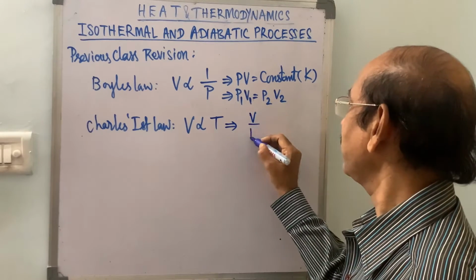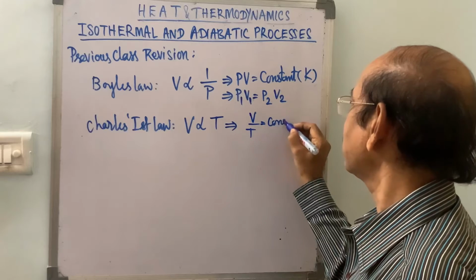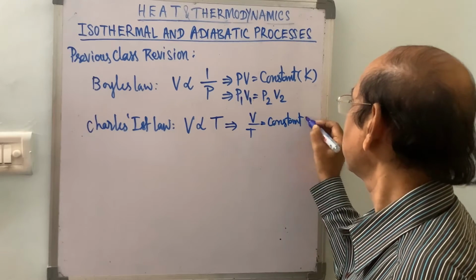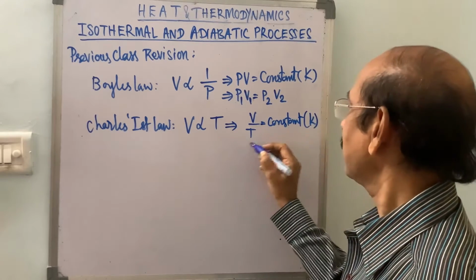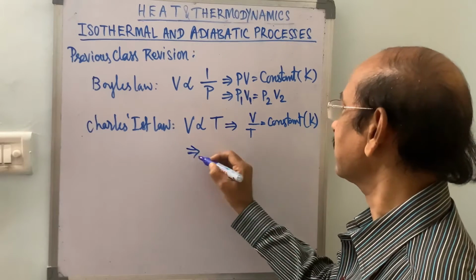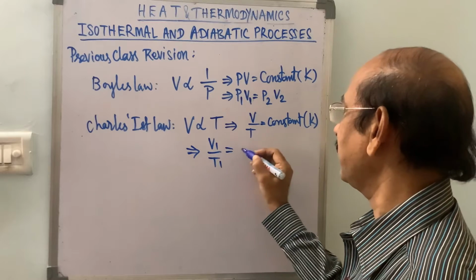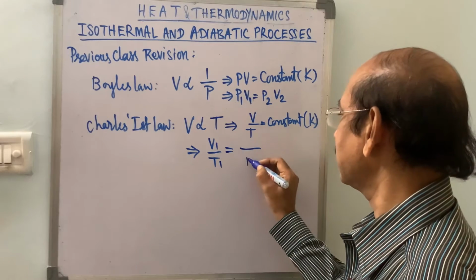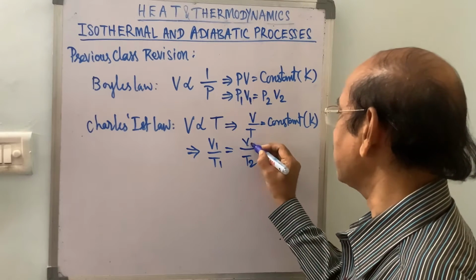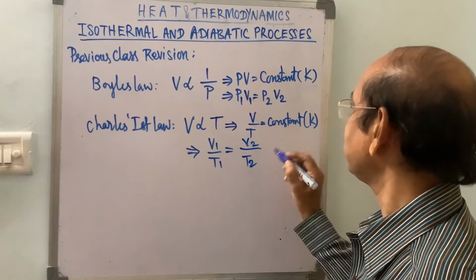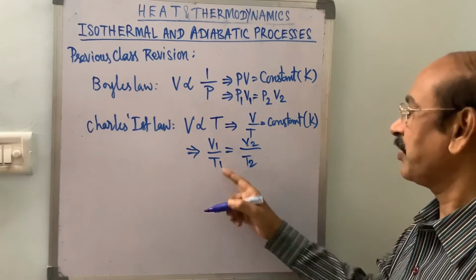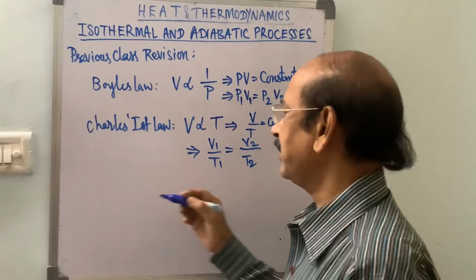Therefore, V by T equals constant. Or if a gas possesses volume V1 at temperature T1, and volume V2 at temperature T2, then V1 by T1 equals V2 by T2.